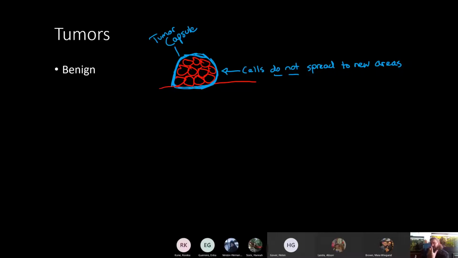So benign tumors are a continually growing tumor, but it has this capsule and the cells do not spread to new areas. Benign tumors are bad, right? Generally, any growth crowding an area is bad. Benign tumors can be functional cells.